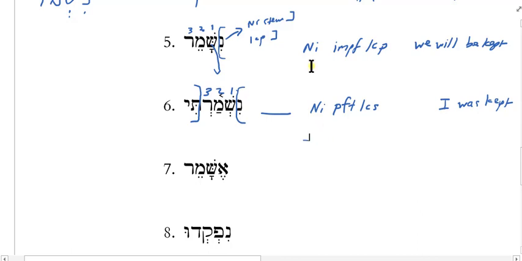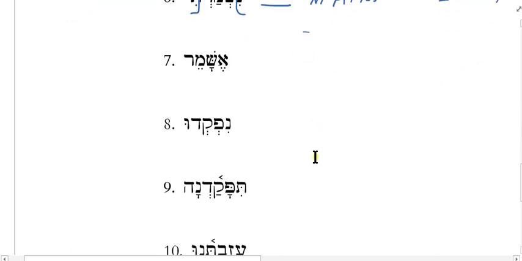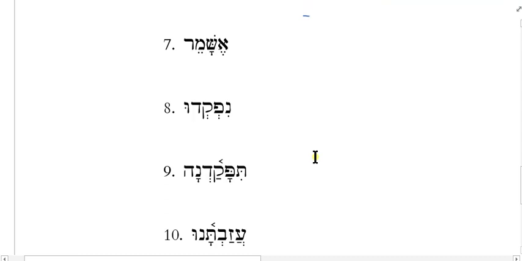Number 7. Eshamer. What are my root letters? Shamar. Good. And this aleph you see is what? It's 1CS for which conjugation? Imperfect. Good. So we've almost got it parsed, don't we? Which stem? Is this the Qal imperfect?